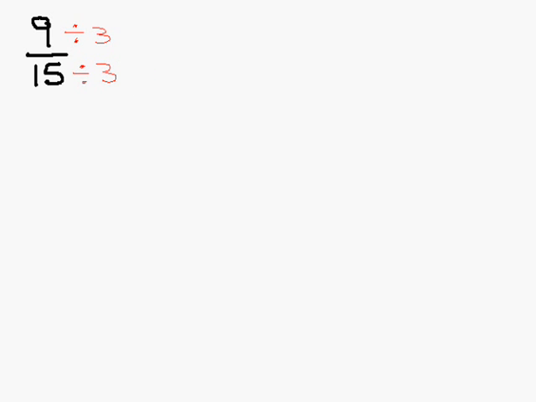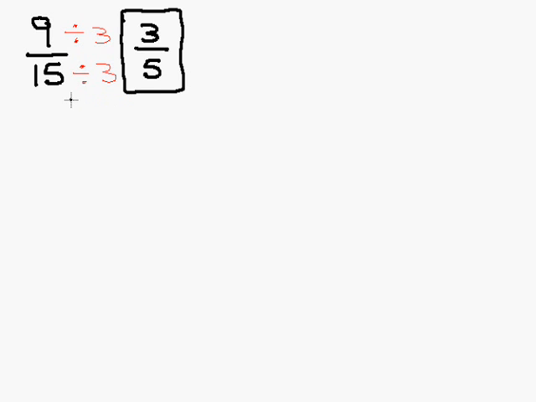And if I do that, 9 divided by 3 is 3, and 15 divided by 3 is 5. So I come up with this fraction, 3/5, which is the reduced version of 9/15.